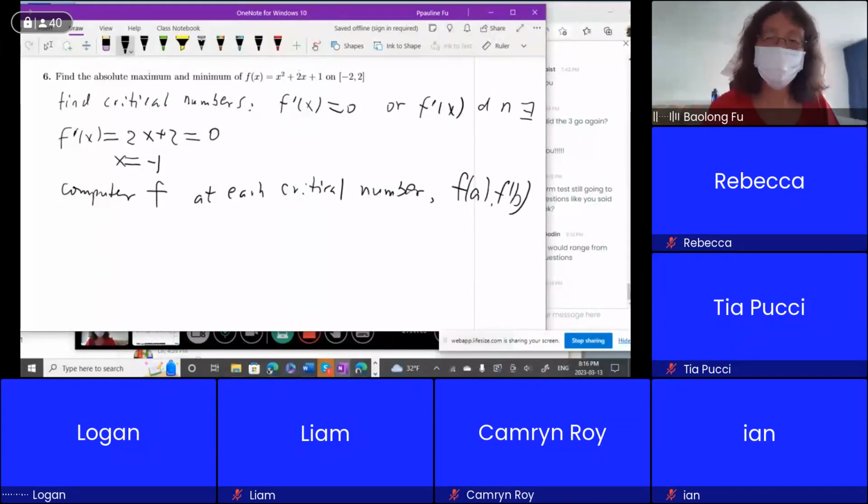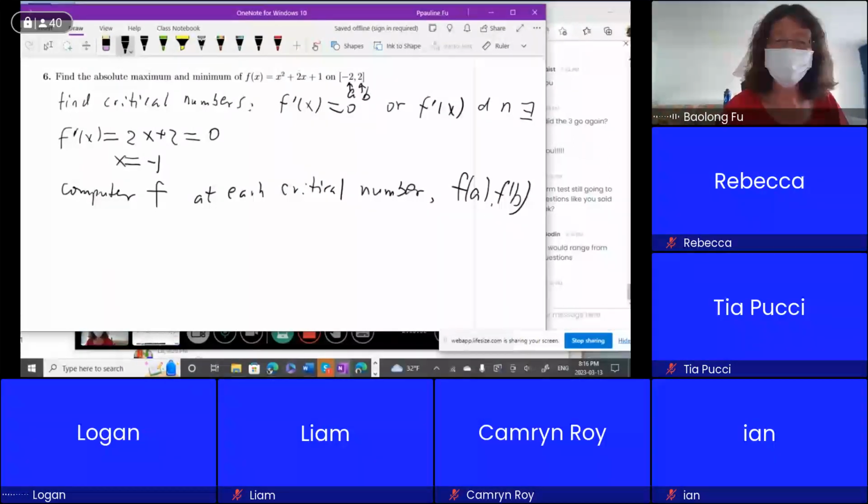So what is a and b? a equal to -2, b equal to +2. And then find the maximum and minimum.